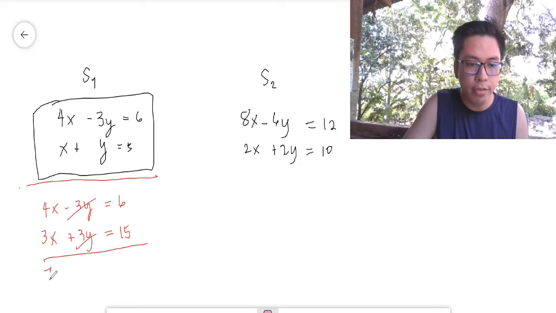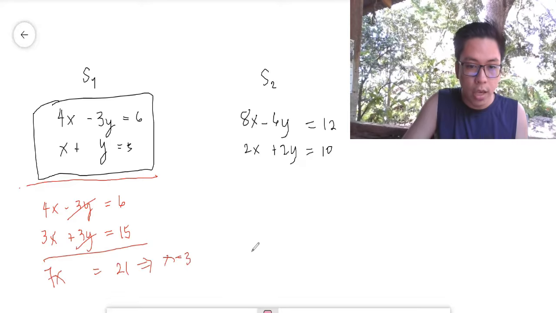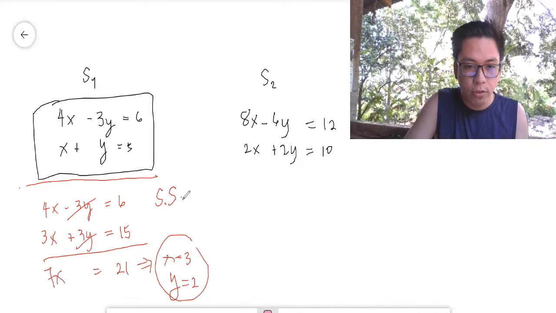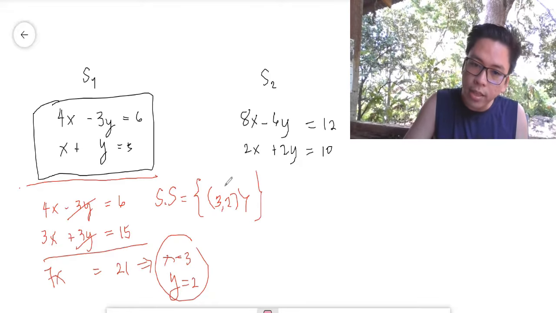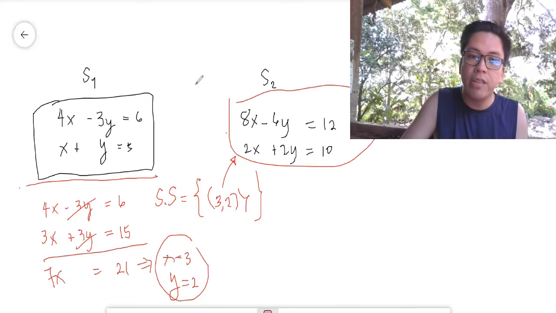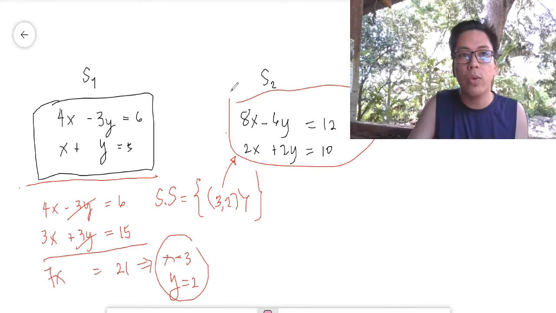So I'd have 7x equals 21, implying that my x is 3. And so my y is 2. So the solution set is 3, 2. This solution set here also satisfies this system because S1 is equivalent to S2.